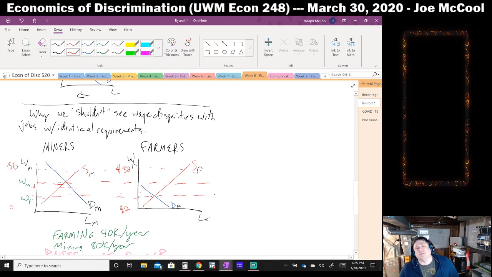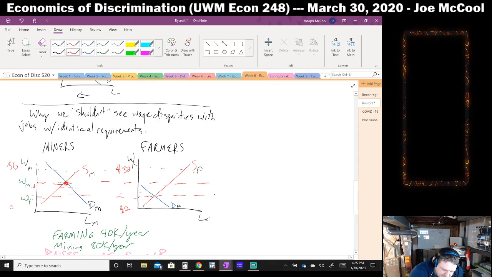Well, the farmers don't need any additional training, and they're already in pretty good physical shape. They know, I can use a shovel, I can swing an axe, it'll be fine. Then they'll start leaving farming to go make twice as much money. They won't be able to make quite this much, because this is already equilibrium, but they might be able to make a little bit less.